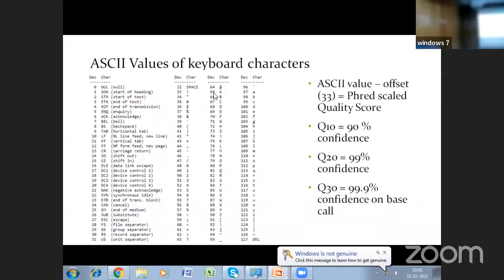Of course, we know that the higher the quality, the better the confidence. But if you are losing all your data, then what will you analyze? So you should know what threshold you are giving and what error you are allowing. When you take your data with 99% accuracy, you know there is one false positive base in 100 base calls.